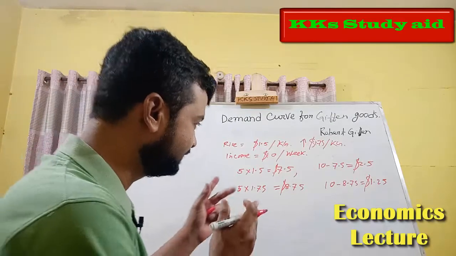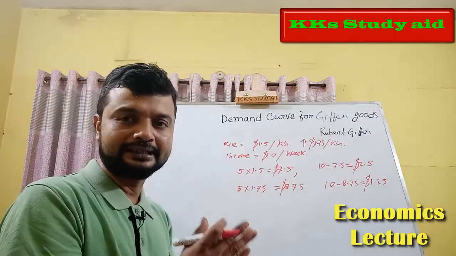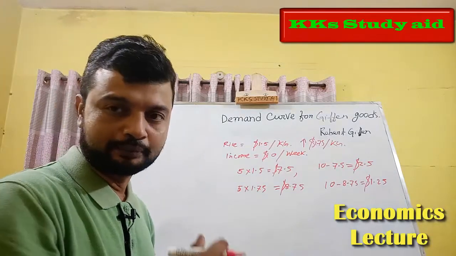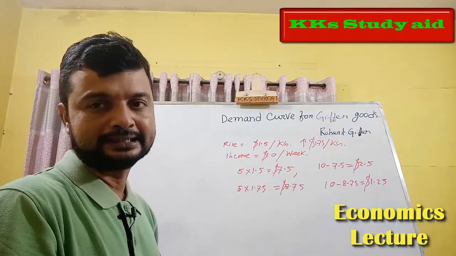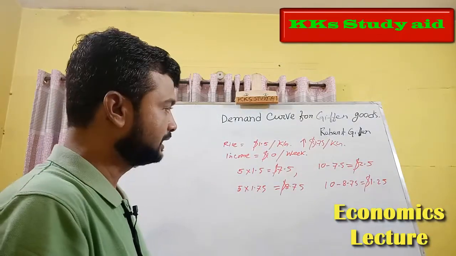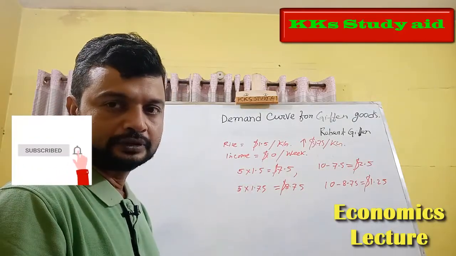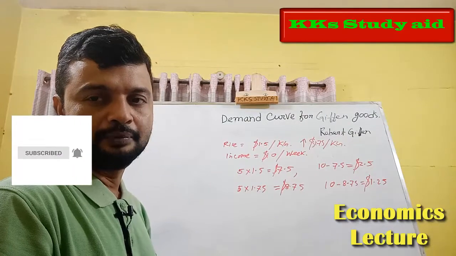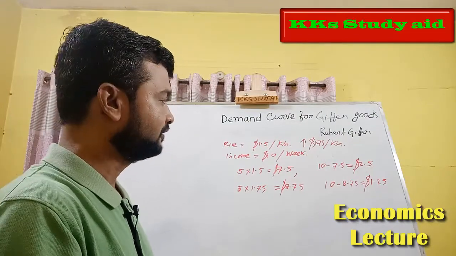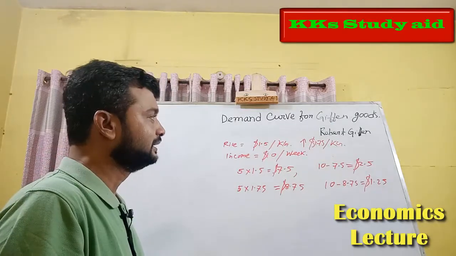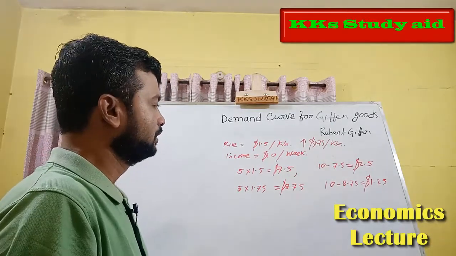So we see here that when the price rises, there is an increase in demand for Giffen goods. So there is a positive relation between price and quantity in the case of Giffen goods. Here we see with an example that when price rises, there will be an increase in demand of Giffen goods.